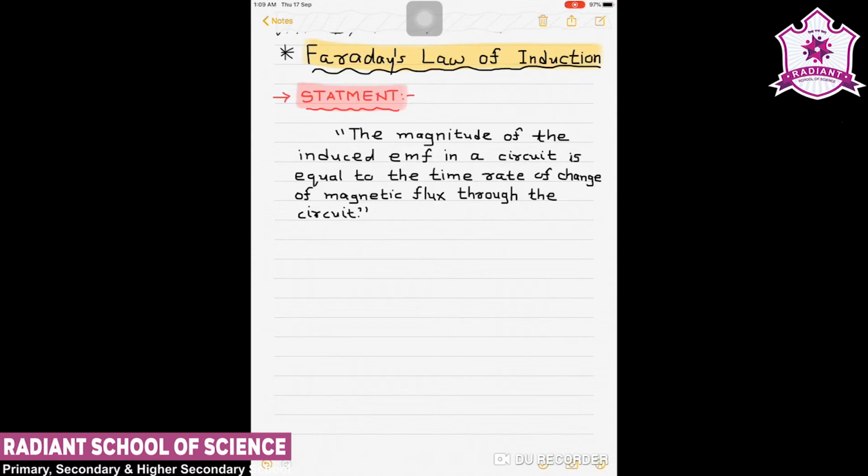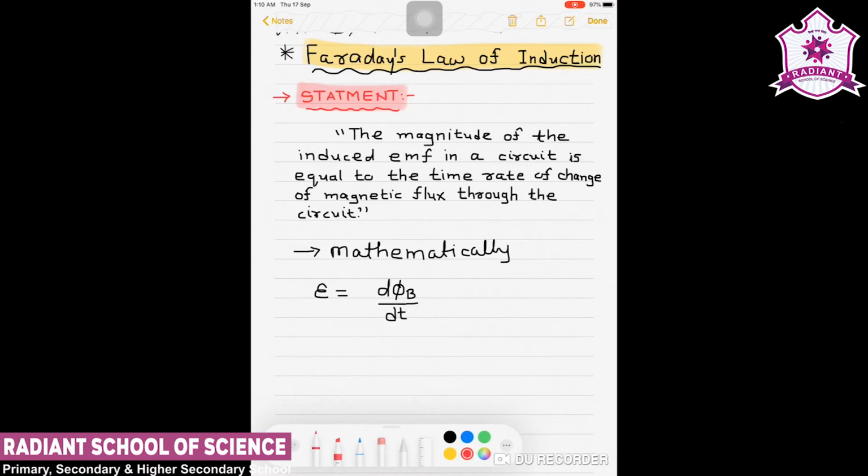If we go to the mathematical formula of the same, it is represented by E equals, as per the statement, d phi B upon dt, but here one additional part, that is a minus sign, is introduced.